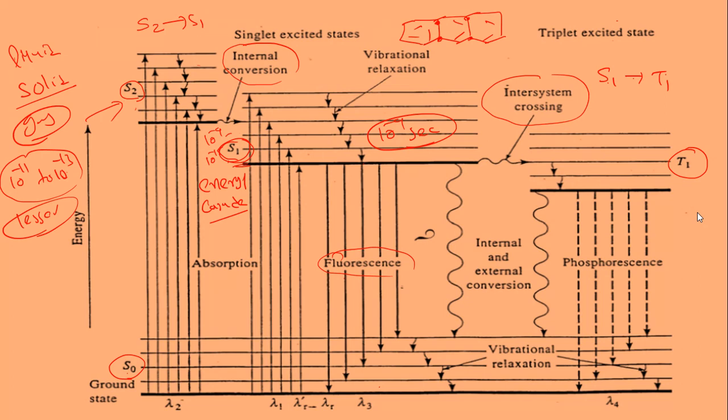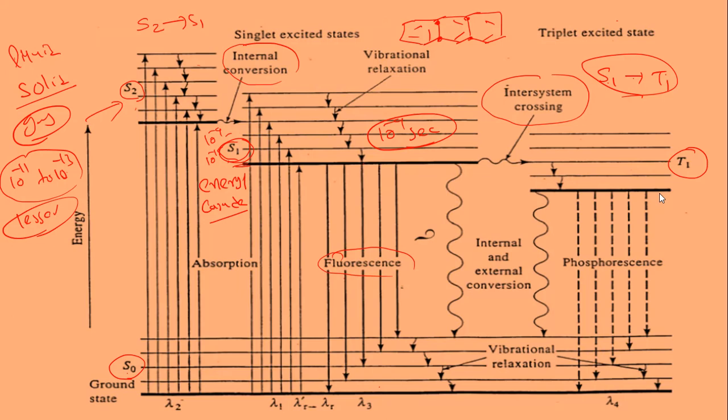The transition from the singlet to the T1 state is quite forbidden. Forbidden means it is not an allowed transition.